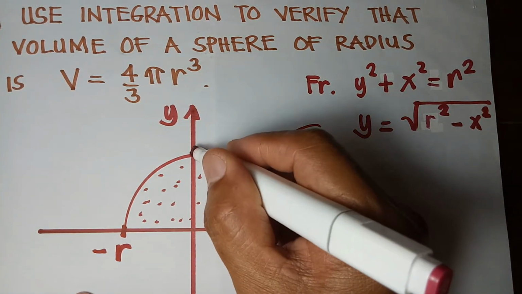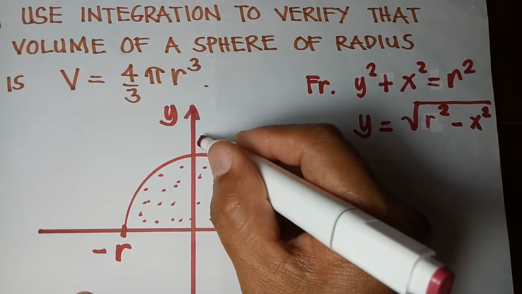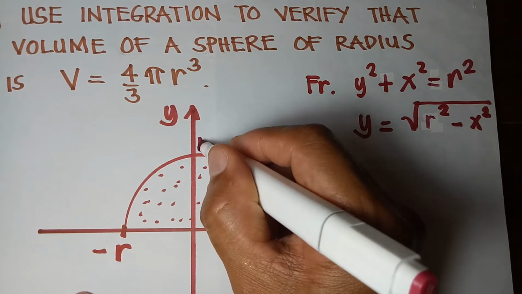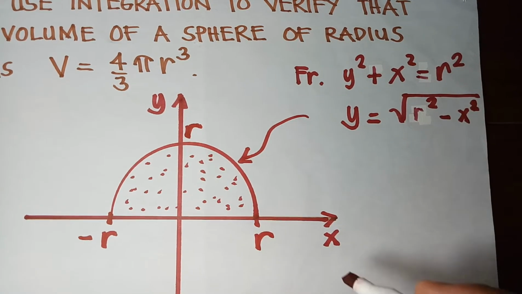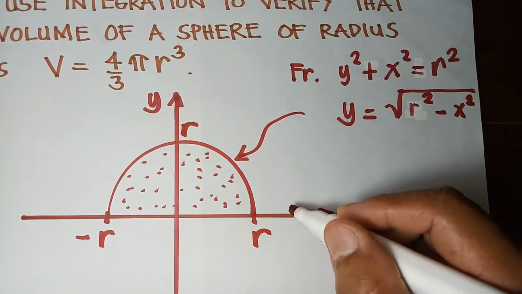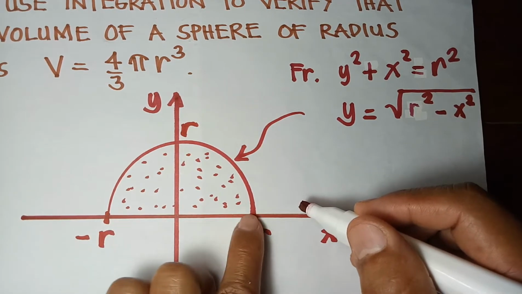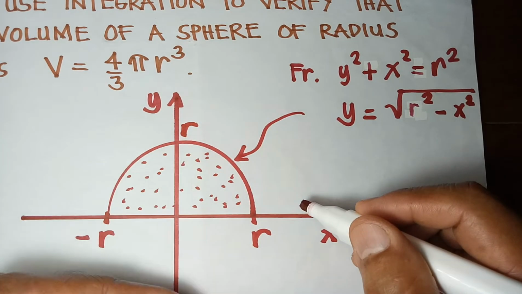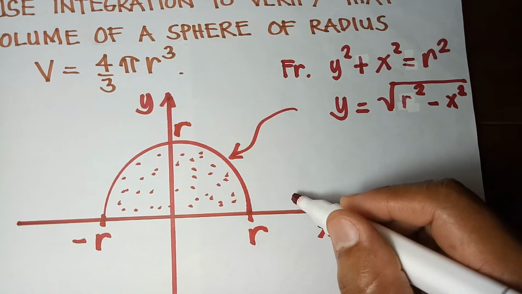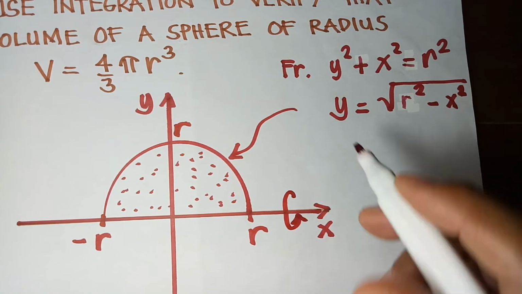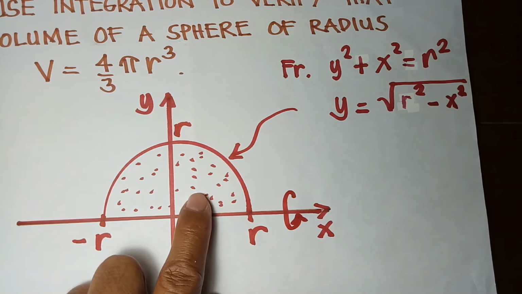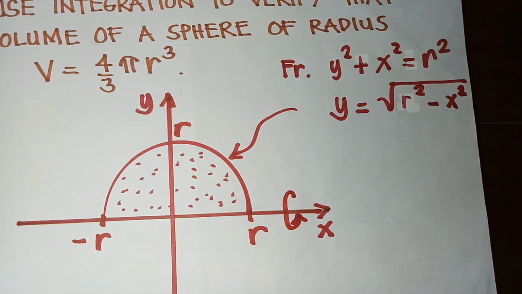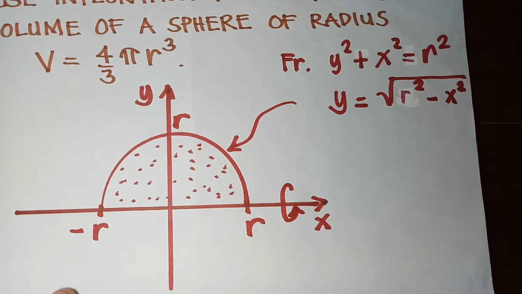This point here is y equals r. So if we rotate this about the x-axis, the diameter of the semicircle, the space to be swept over by this semicircle is a sphere. It is a sphere. So this is where our solution comes from.